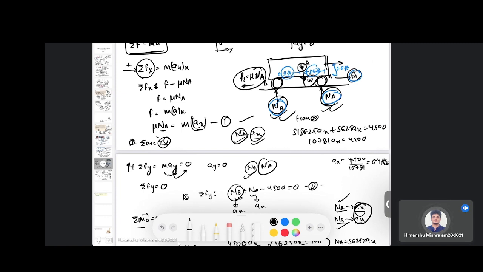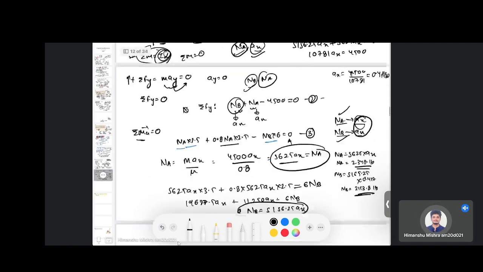Here, since there is no angular acceleration, the summation of moment is equal to 0. Otherwise it is moment of inertia multiplied by angular acceleration, but if my angular acceleration alpha is 0, the summation of moment will be 0. So I took the summation of moment about point G to write down my third equation.